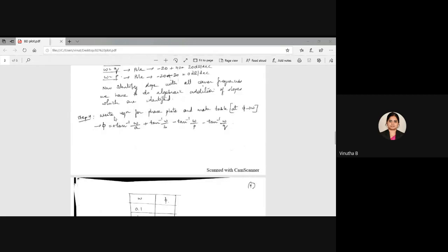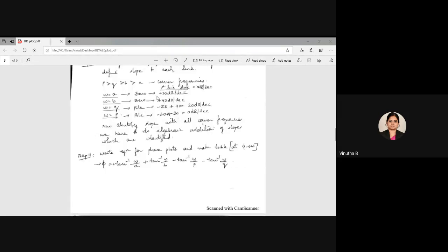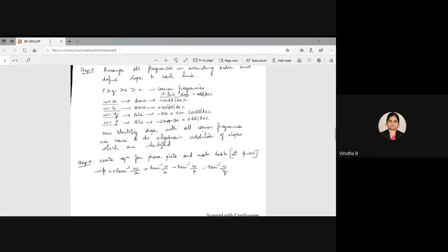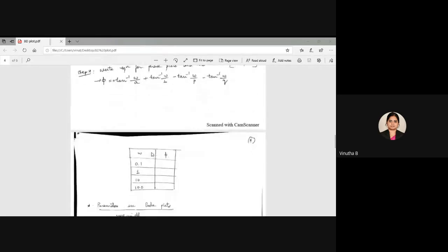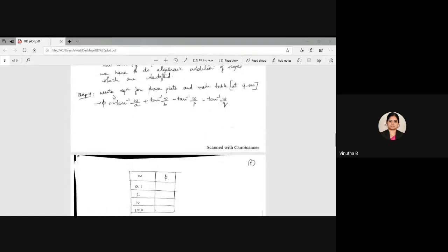Then step 4. Now you know how to plot the gain or magnitude part of the Bode plot. To get the phase part of the Bode plot, you should know the equation for phase and make a table for phi at omega.